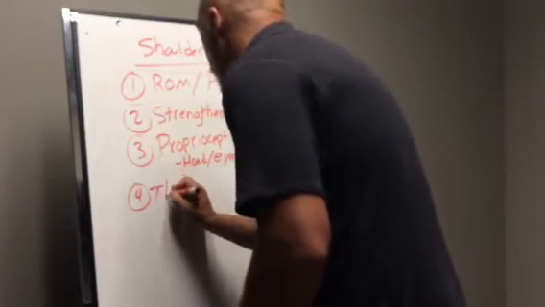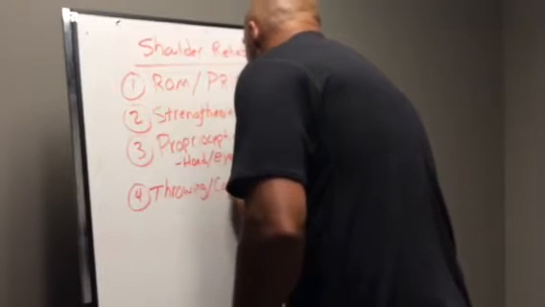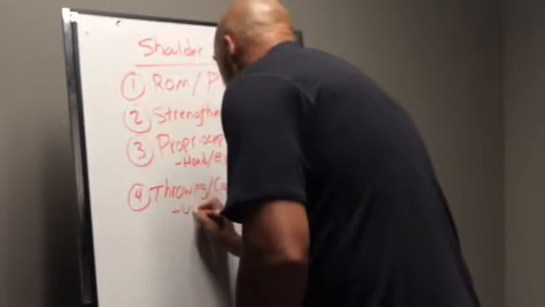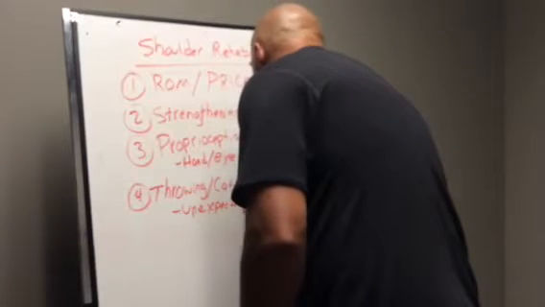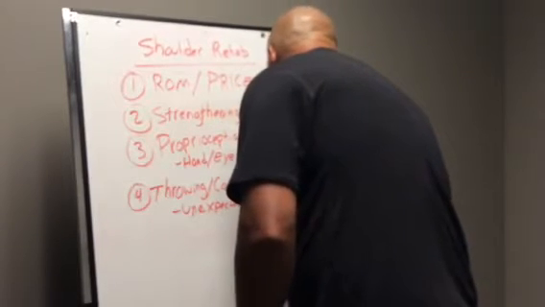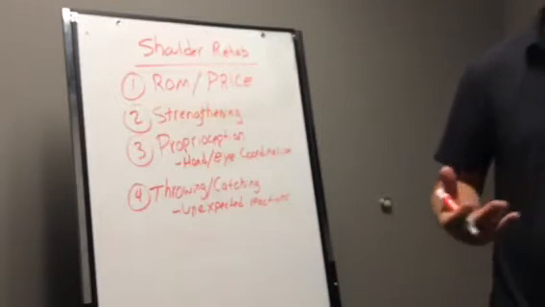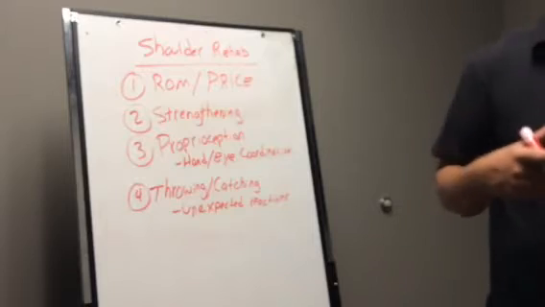So, we do that, catching. Also, unexpected reactions. So we're going to use a lot of ball stuff to create those unexpected reactions: throwing, catching, single hand, two hand, overhead, underhand, things like that.